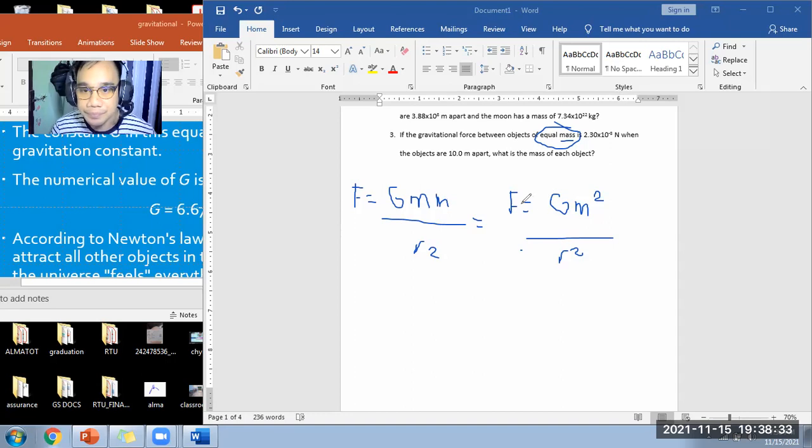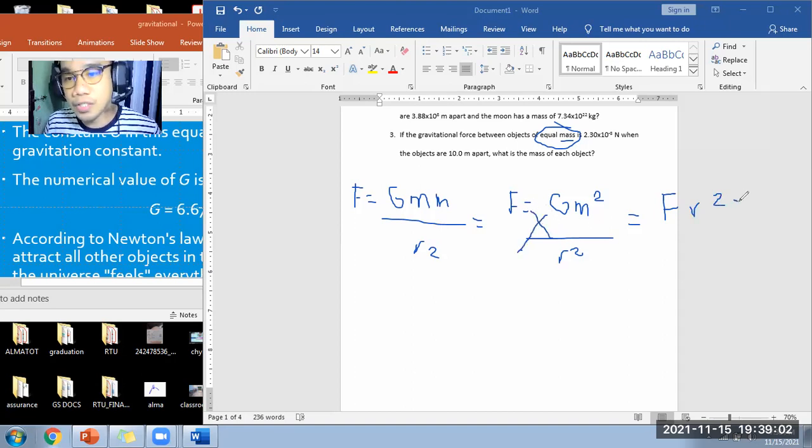Okay. So ngayon, nakuha na natin to. So kailangan natin daw kunin yung mass. So itong M squared na to, di ba? So para mailabas natin yung M squared, magiging F R squared. So cross multiplication yan.